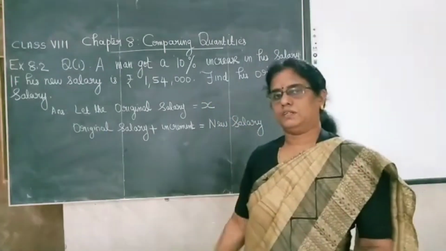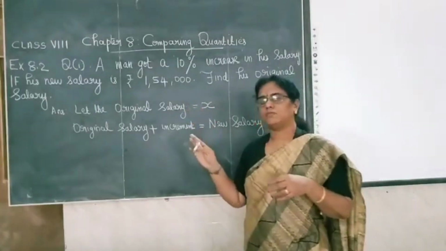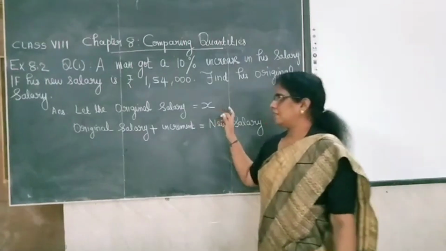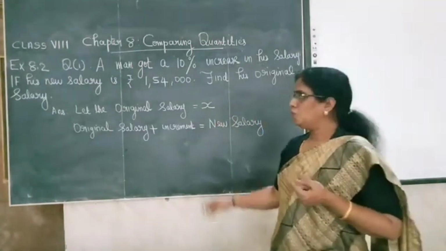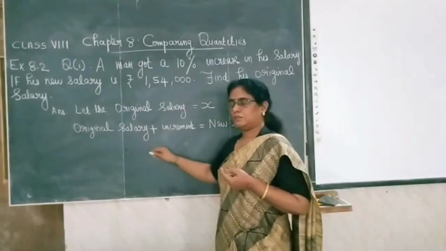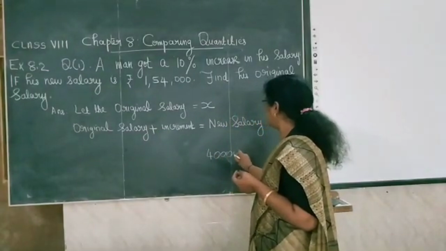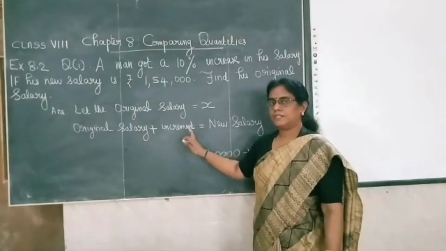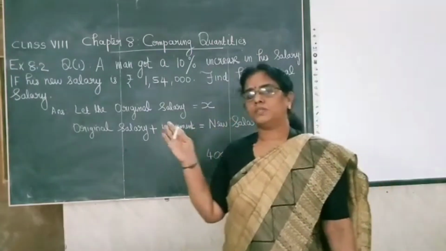So first, the original salary we don't know, so that is why we are taking it as X. Then the new salary he is getting is the original salary plus the increment. Suppose 4 lakh is his original salary, then the increment is 10% of his original salary.